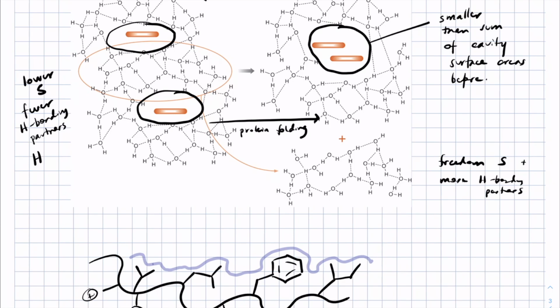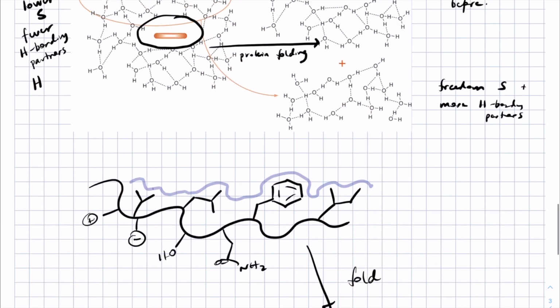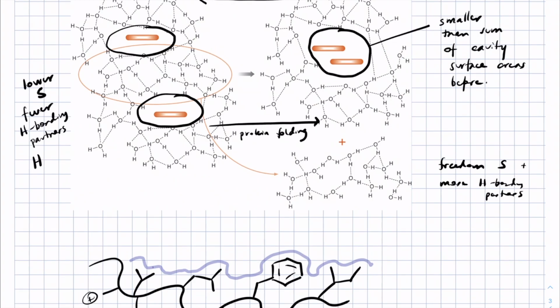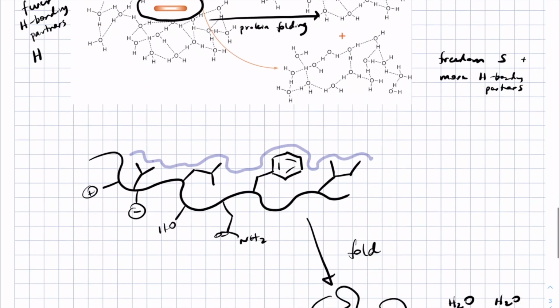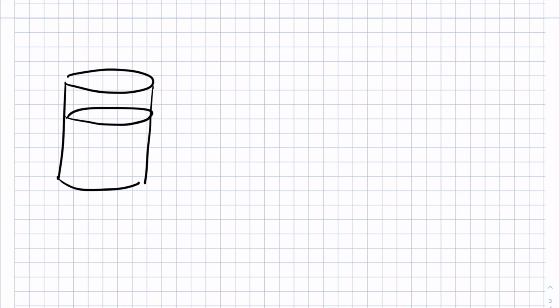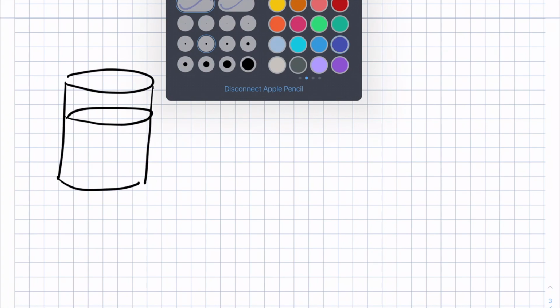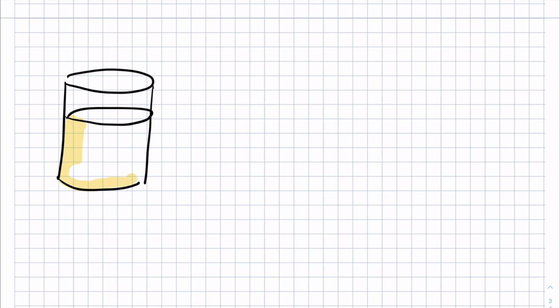There's an interesting effect that happens if you measure the thermodynamics of this process. If you take, and maybe this is easier to illustrate if we just think about taking a beaker of some kind of non-polar stuff, maybe it's benzene, and benzene isn't colorful, but we'll just color it yellow, orange to make us think of oil and butter and stuff.